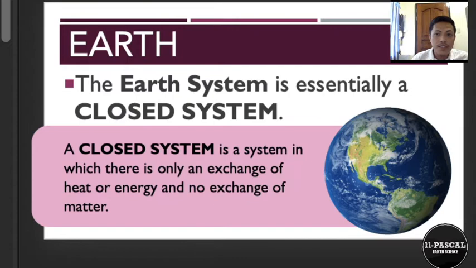Actually, the Earth is essentially a closed system. Why? If we recall, a closed system is a system in which there is an exchange only of heat or energy and no exchange of matter.